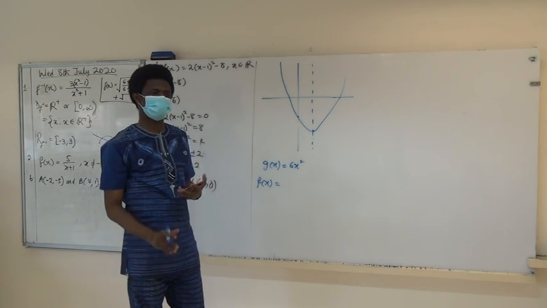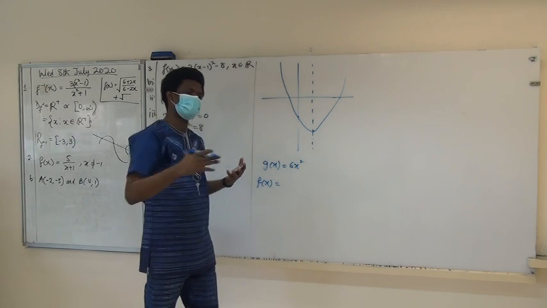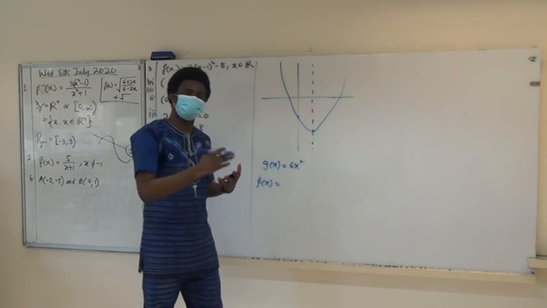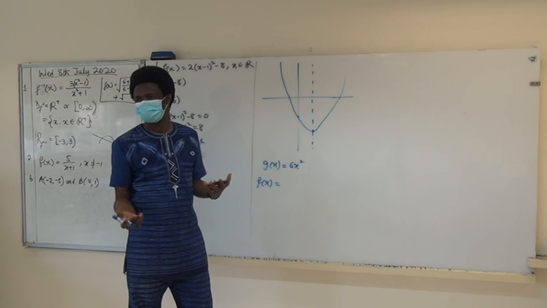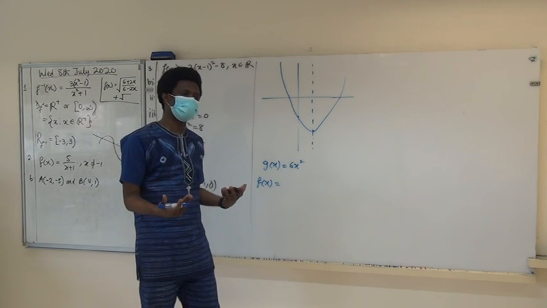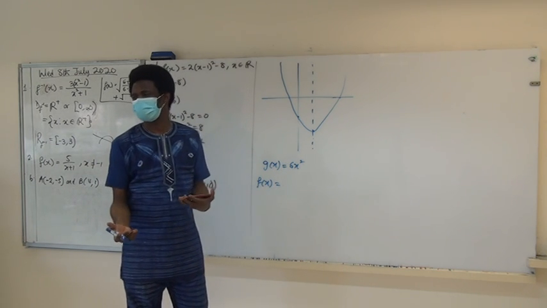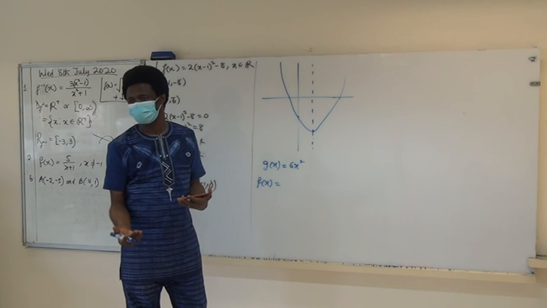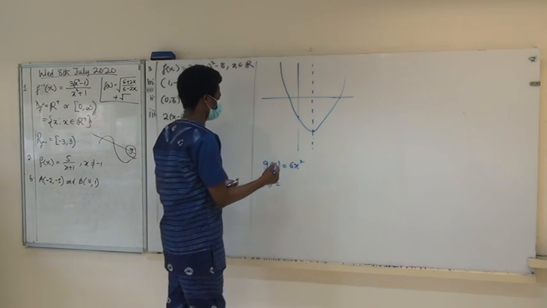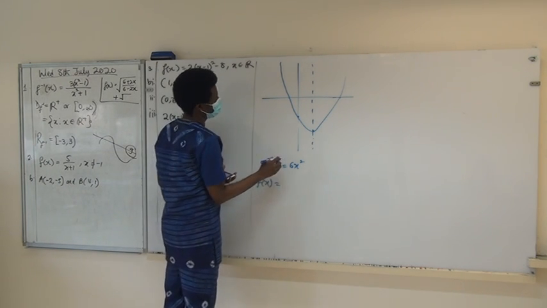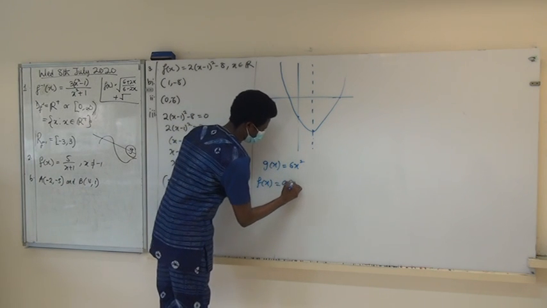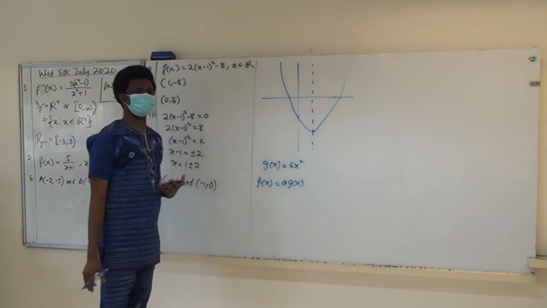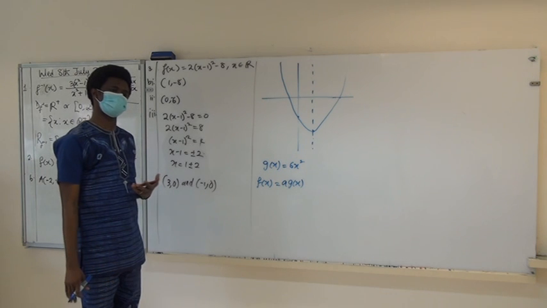For a vertical stretch, you only multiply by the scale factor. If it's a compression, the scale factor will be a proper fraction; if it's an enlargement, it will be a positive whole number. So just put a multiplying g. That's the first transformation.